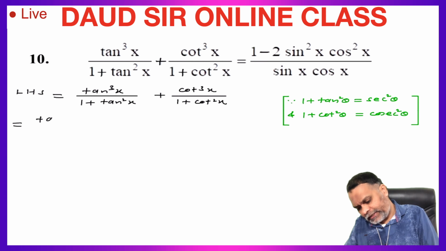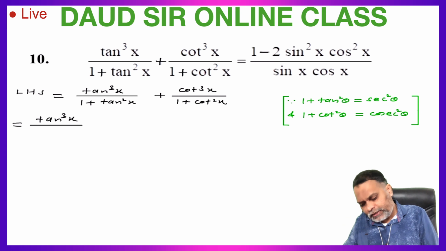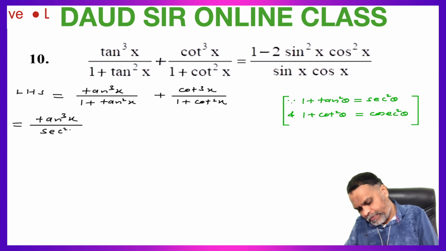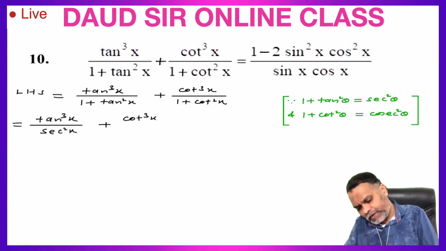So this left hand side will become tan cube x upon 1 plus tan square x, which can be written as sec square x, plus this cot cube x as it is upon 1 plus cot square x, which can be written as cosec square x.